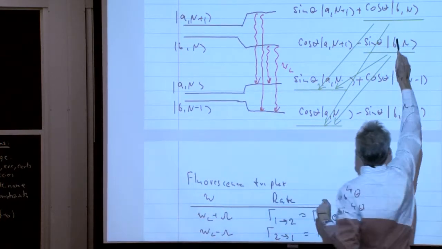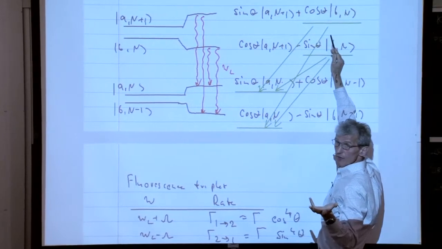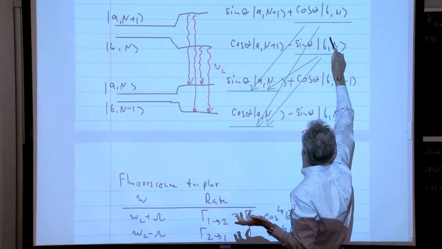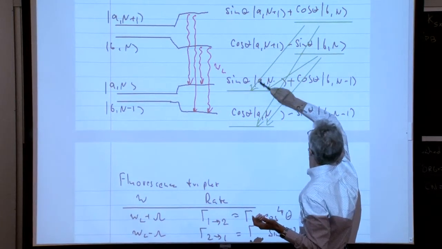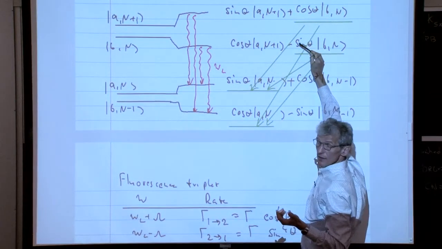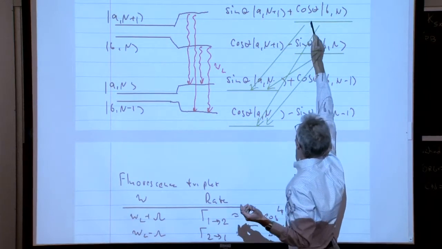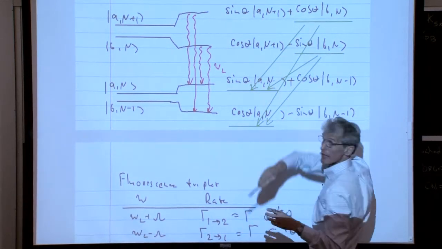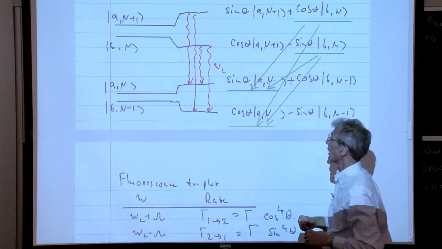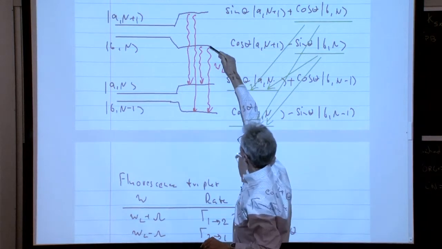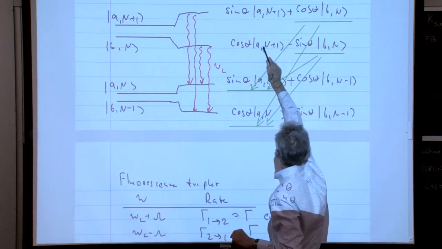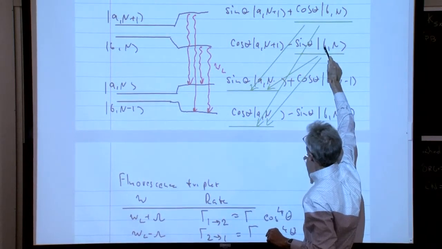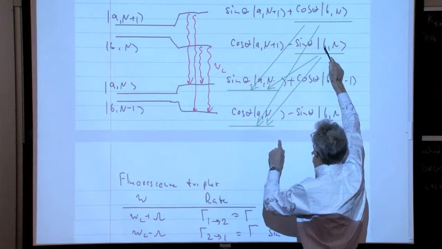But since a photon in the rotating wave approximation can only be emitted when we go from B to A, we find that the matrix element for that involves cosine theta times sine theta. However, if you want to emit the carrier, you go from here to there. Well, we always have to find the excited state to begin with.